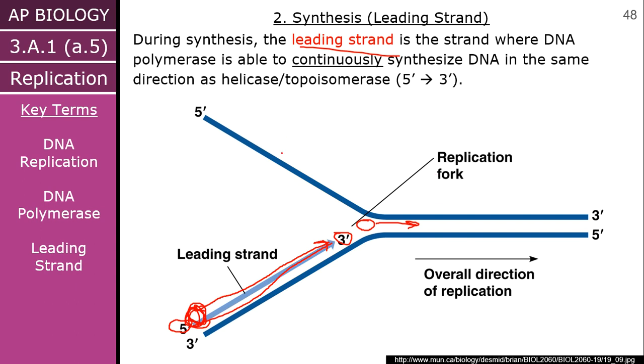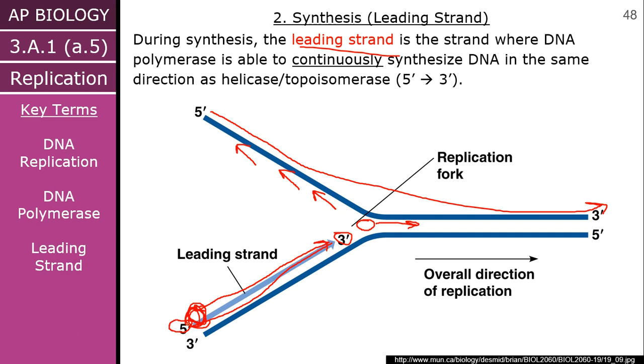But over here, I have a 5' to 3'. So this top strand points in this direction, right? Which basically means that when I make DNA, it's going to point in the opposite direction, right? Because it has to be anti-parallel. And so what's going to happen is the helicase is going to be unwinding the DNA, and then this guy is going to be trying to catch up the whole time.